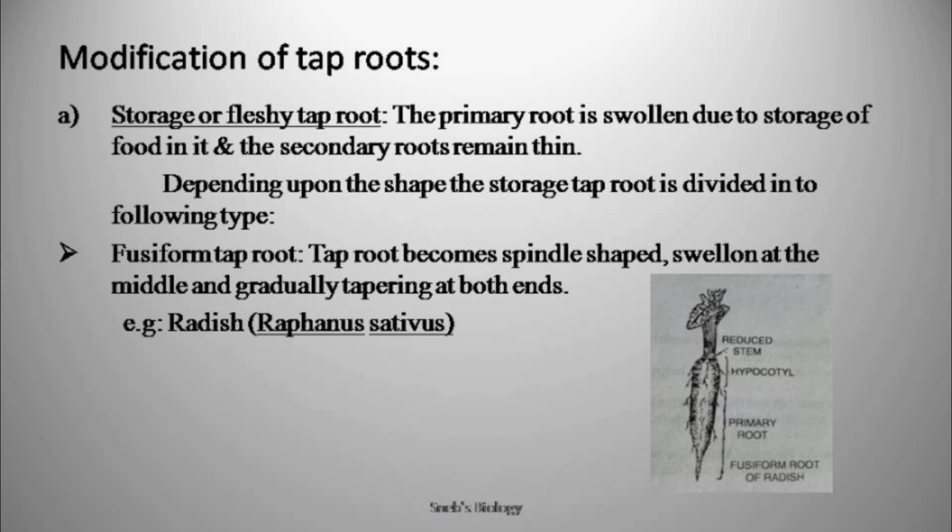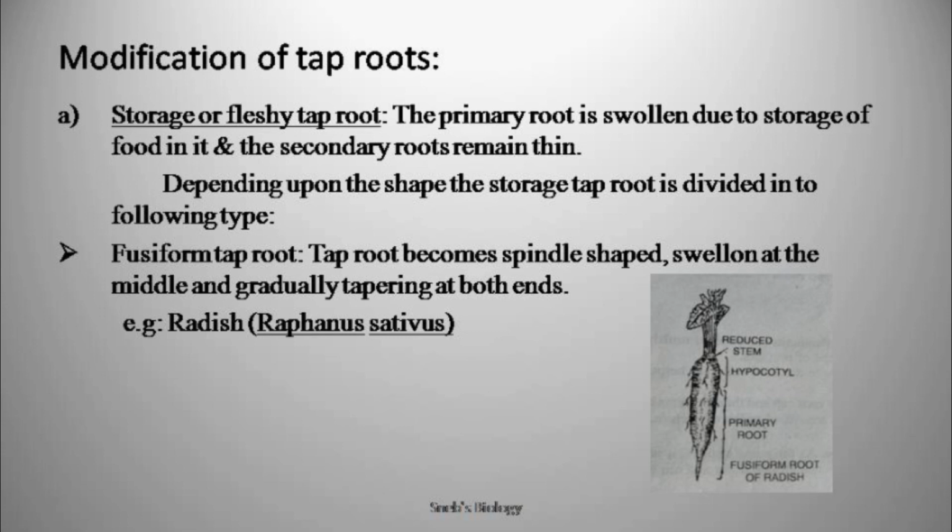Depending upon the shape, the storage or fleshy taproot is of 4 types: fusiform taproot, conical taproot, napiform taproot and tuberous taproot.